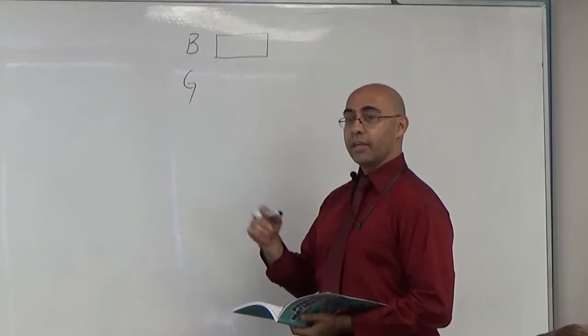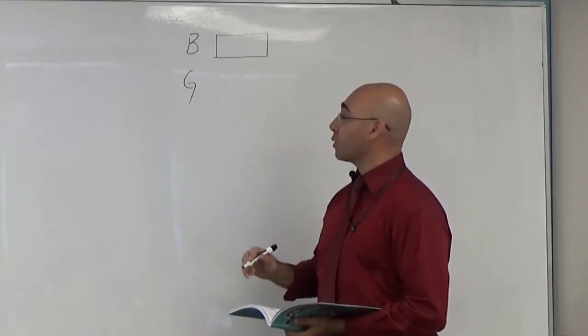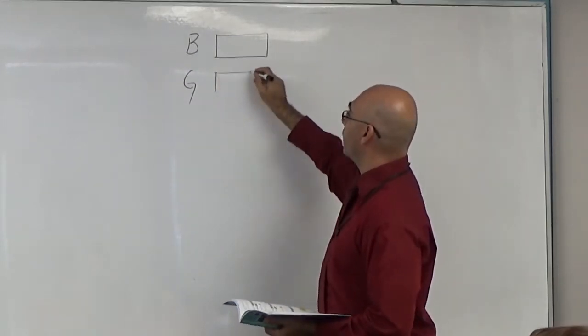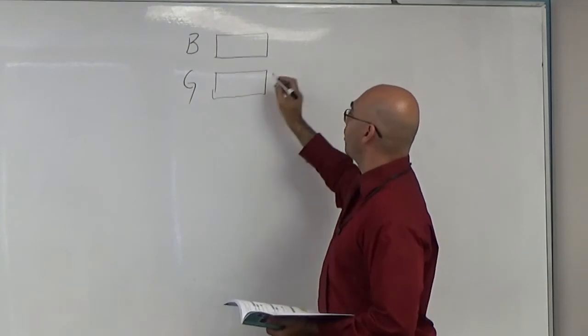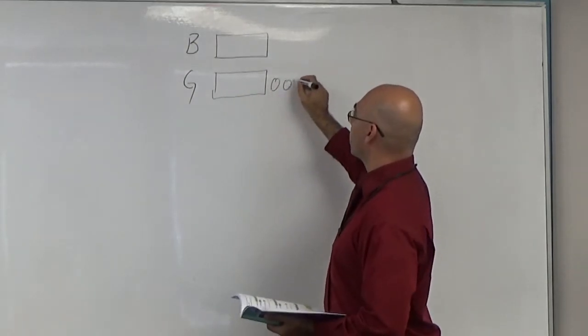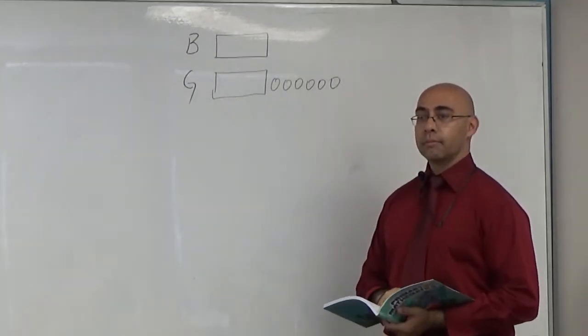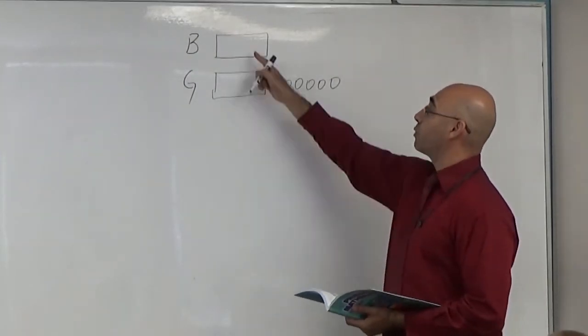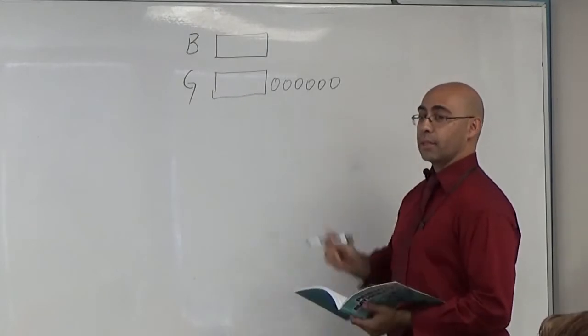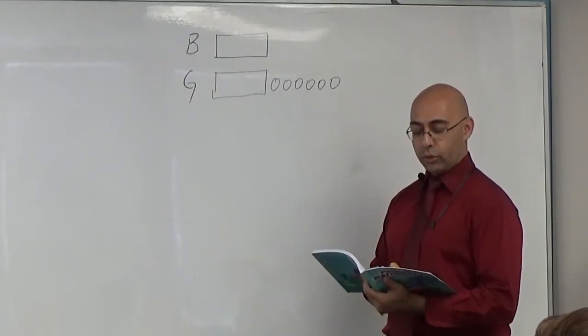So kind of doing what we did for the practice problems. For the girls, it's going to be the same size box plus an extra 6. Correct? Now, so I have 2 boxes and then 6 girls.